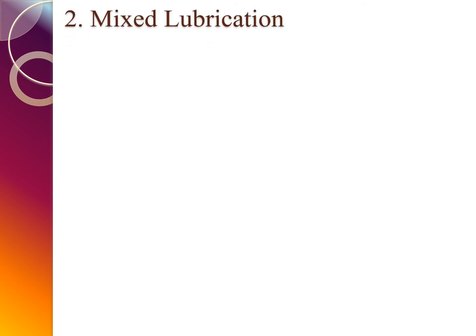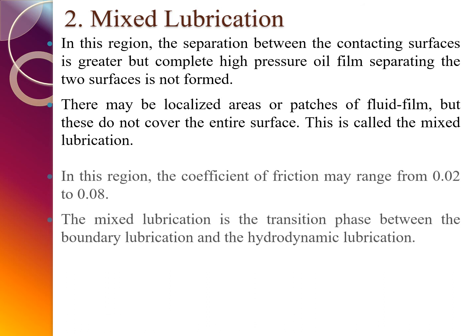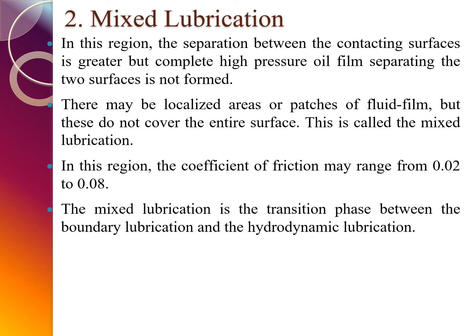Next region is the mixed lubrication. In this region, the separation between the contacting surfaces is greater, but a completely high pressure oil film separating the two surfaces is not formed. There may be localized areas or patches of fluid film, but these do not cover the entire surfaces. This is called mixed lubrication. In this region, the coefficient of friction may range from 0.02 to 0.08.